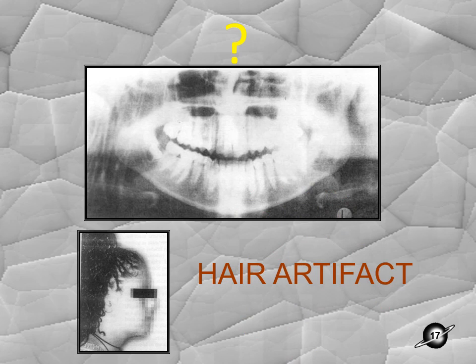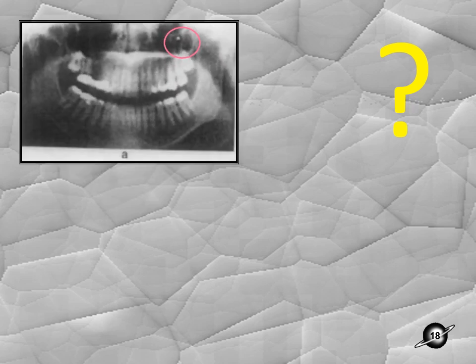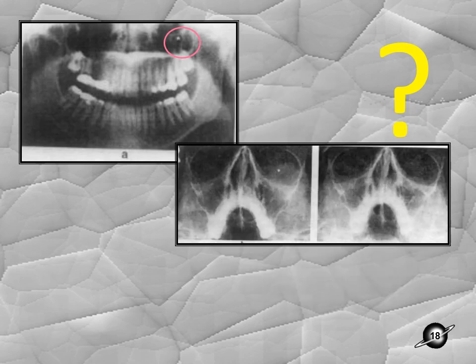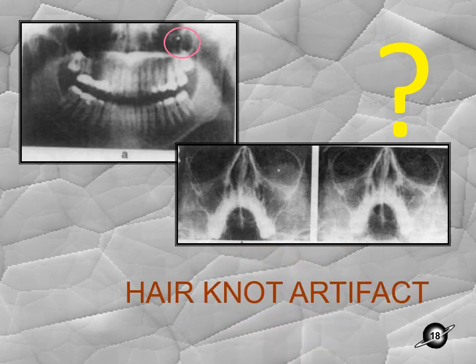For someone with thick knotty hair, the hair knots or artifacts appear as radio opaque streaks on an OPG film. Again, we have one more interesting image. We have a small radio opaque structure seen with the OPG. What is it? Again, it is a hair knot artifact.